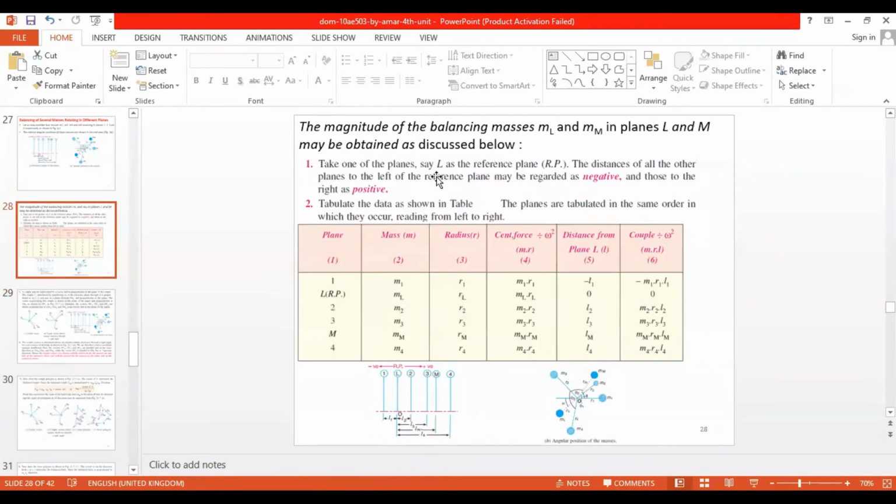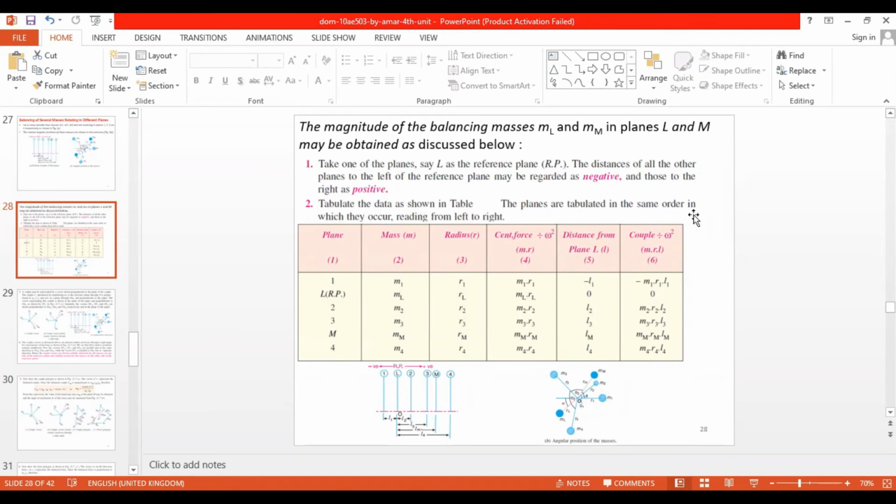Take one of the planes, say L, as a reference plane. The distances of all the other planes to the left of the reference plane may be regarded as negative and those to the right as positive. You can choose this on your own. Either you put this as negative or this as positive, and tabulate the data as shown in the table.